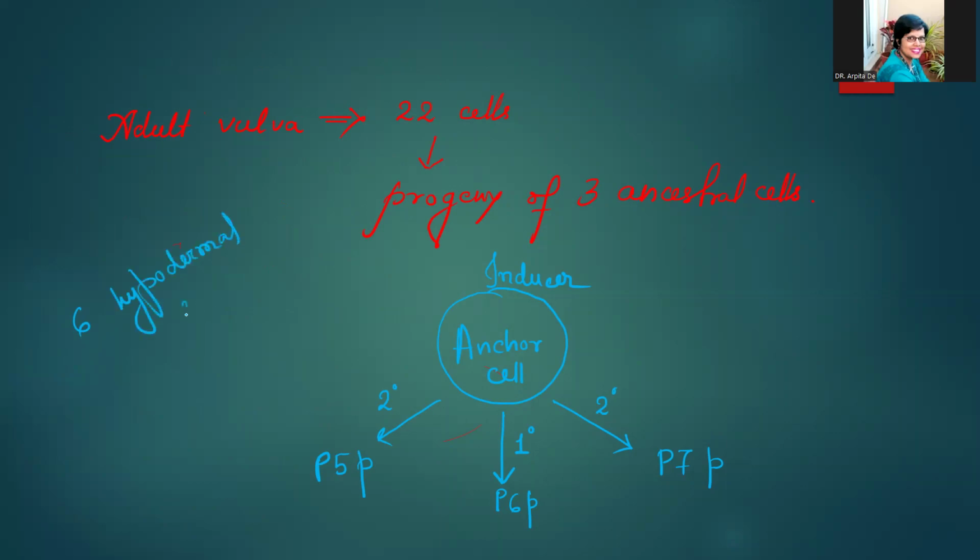The central cell, P6.p, adopts the primary vulval cell fate, while P5.p and P7.p adopt secondary cell fate.